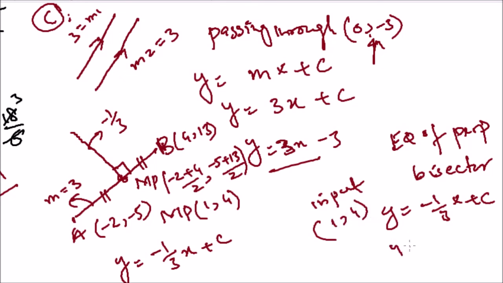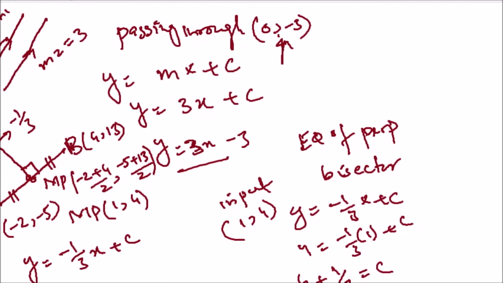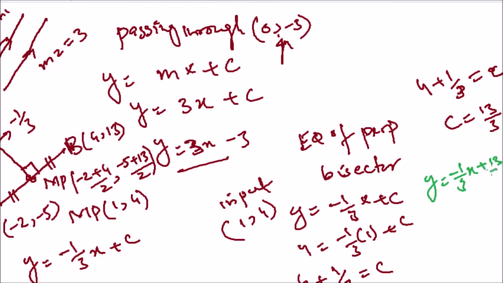So y is 4 and x is 1, so 4 equals minus 1 over 3 times 1 plus c. So 4 plus 1 over 3 is equal to c. So c becomes 13 over 3. Yes. The equation becomes, writing in a different color, y is equal to minus 1 over 3 x plus 13 over 3.